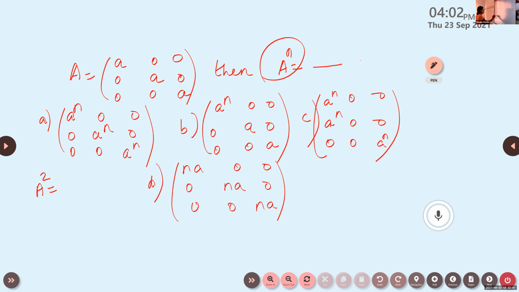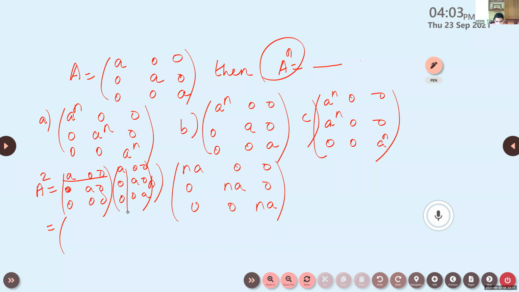What is A square? Multiply the matrix A, 0, 0, 0, A, 0, 0, 0, A by itself. When you multiply row with column, what do you get?